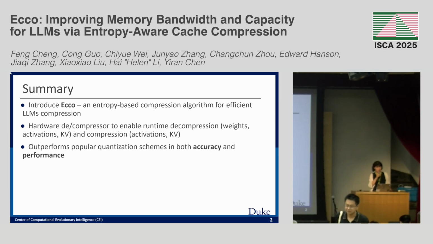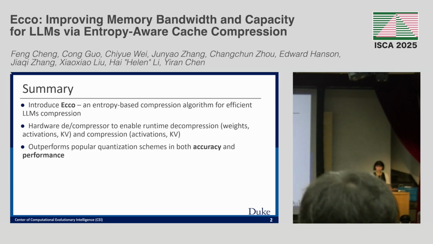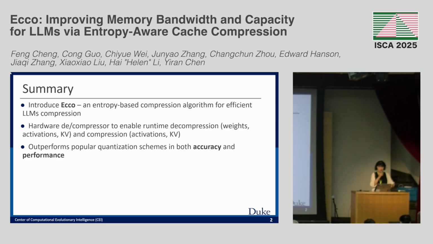I will also work through how we designed the hardware blocks for the decompressor and the compressor, to enable runtime decompression on weight and KV cache data, and compression applied on activation and KV cache at runtime inference. Last, I will show how Ecco performs compared to the popular quantization schemes in both accuracy and performance.